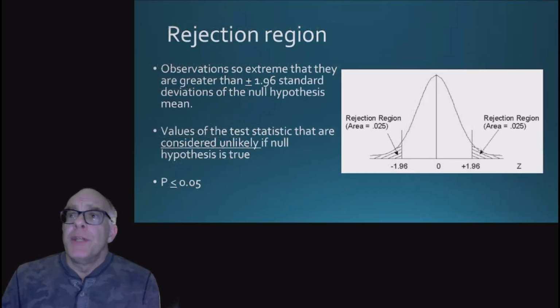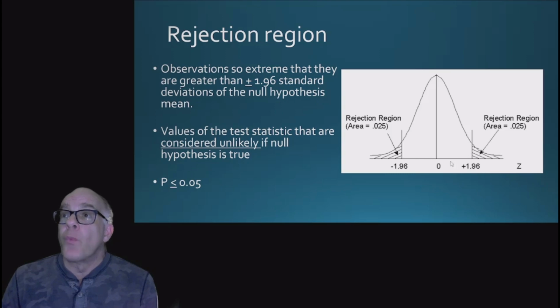Now, the rejection region is basically the region underneath these tails, on the extreme region, kind of away from the mean based on our expected results. Now, the rejection region is going to be looking at those observations that are so extreme that they're greater than that 1.96 standard deviations away from that null hypothesis, meaning that these values of our results, the test statistic, our t-value, in the case of what we're doing here, are going to be considered unlikely if our null hypothesis is true.